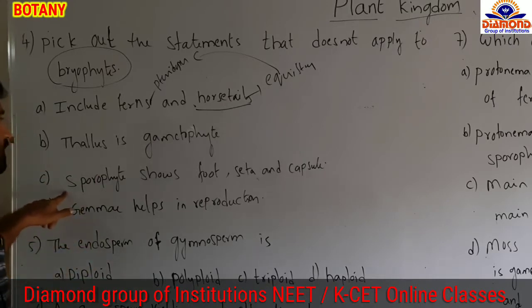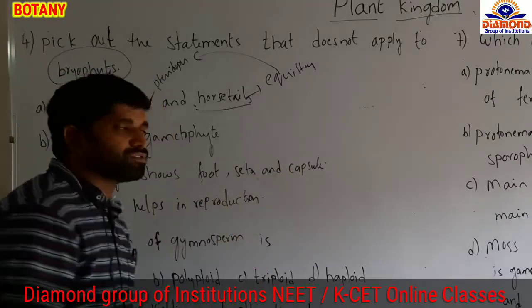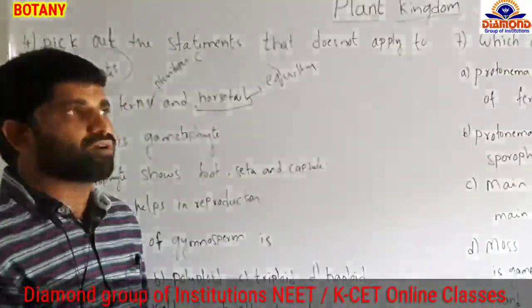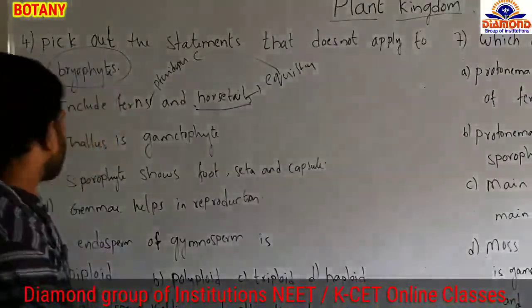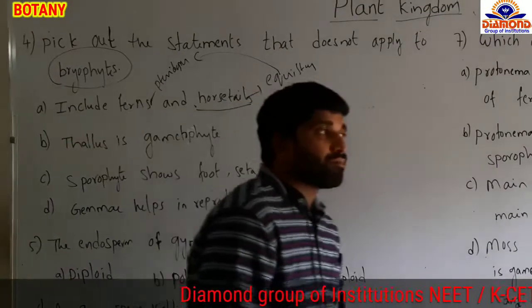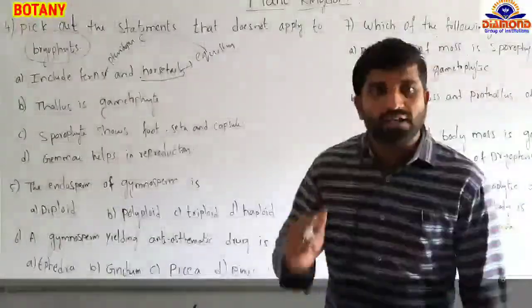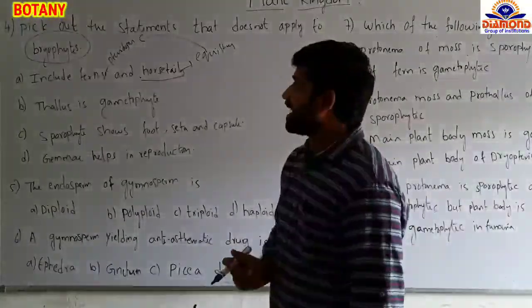And option C, sporophyte shows foot, seta and capsule. If you take liverworts and mosses, the sporophyte body shows the foot, seta and capsule. And option D, thallus is gametophyte. Yes, in bryophytes, algae and pteridophytes, thallus is a gametophyte body.